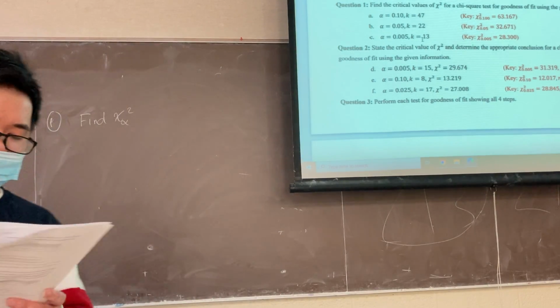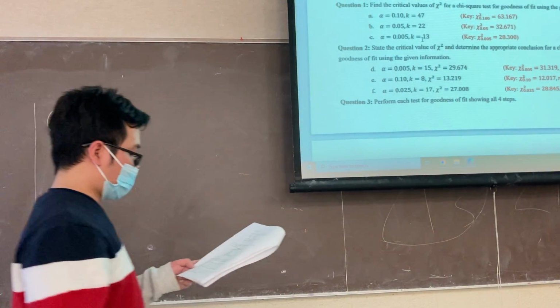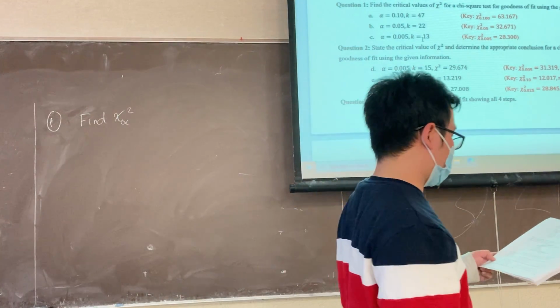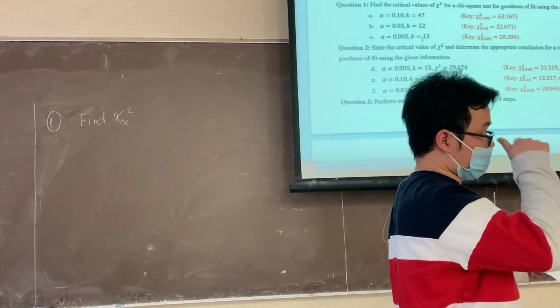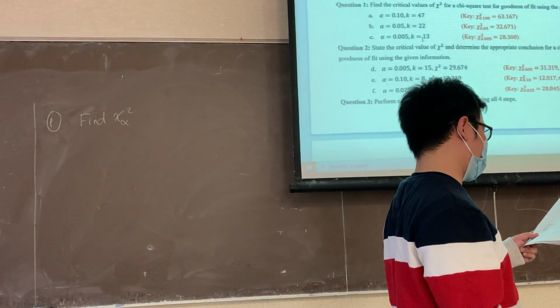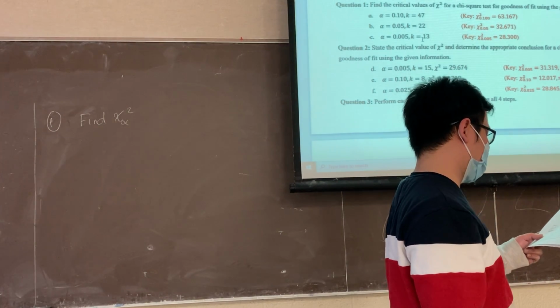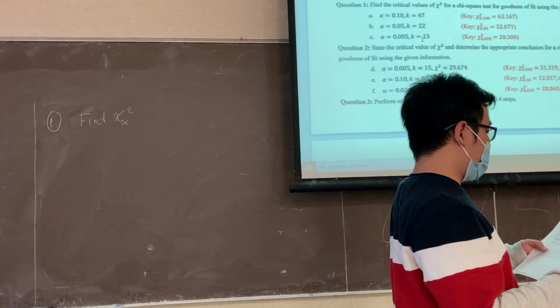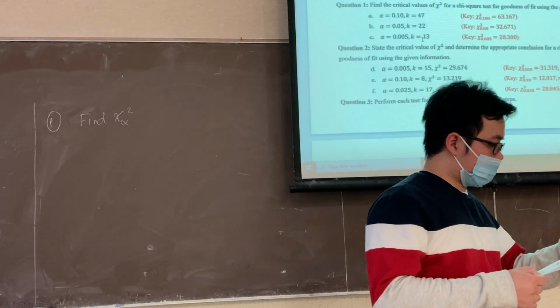Question 2 gives you the chi square and asks you to find the chi square alpha. After that, they ask you to make the decision: fail to reject the null hypothesis or reject the null hypothesis. Question 3 is some kind of practical problem.